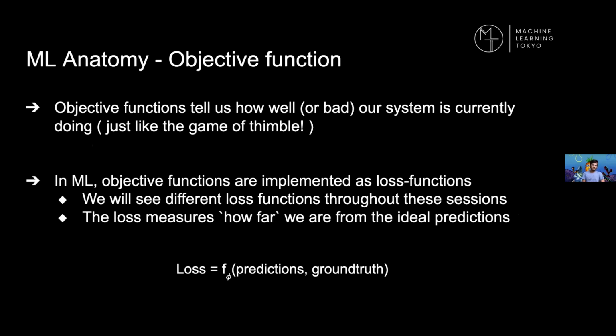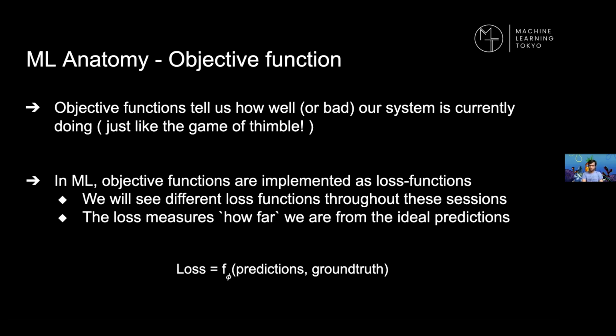Then there is this objective function. The objective function, as I explained, gives you an idea of how good your model is performing. So the objective function tells you how well or badly our system is currently doing. It is again a function, and it takes two inputs. One is the prediction, which your model predicted, and the other is the ground truth, which is basically the original values.